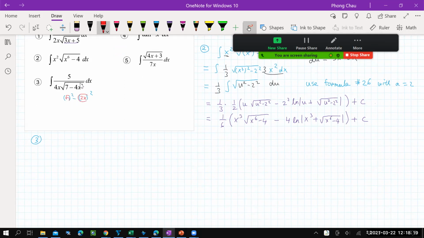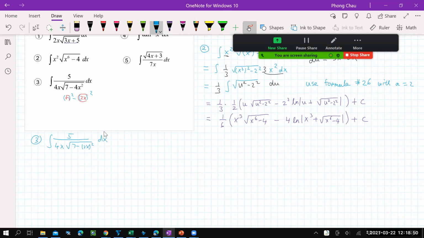So again, here is a substitution needed before you can apply the formula, right? So the integral now, I'm going to rewrite that as 5 over 4x times square root of 7 minus, that is really 2x quantity squared there.